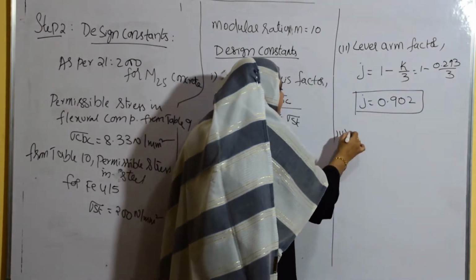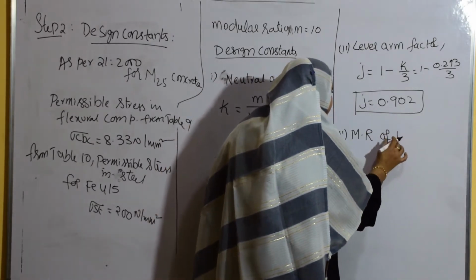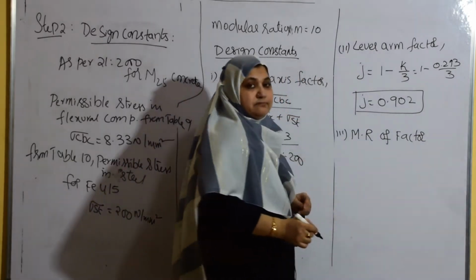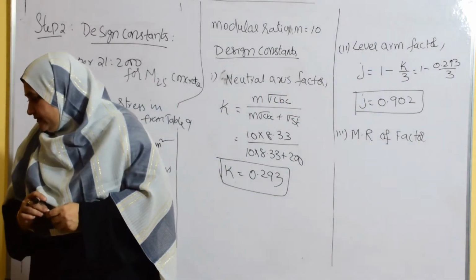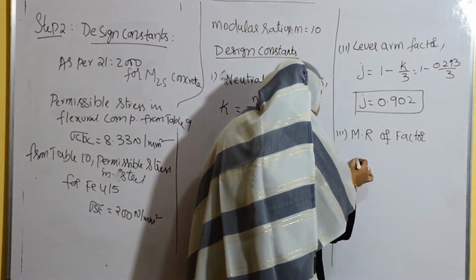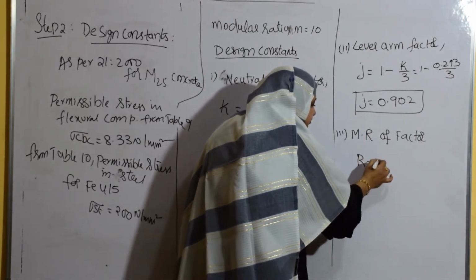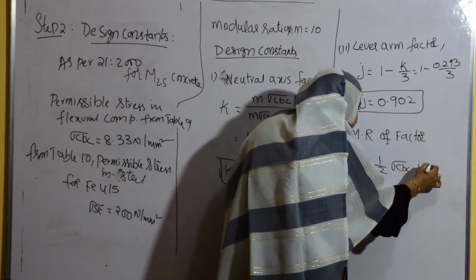Third is the moment of resistance factor. It is represented in some books by Q and in some books by the capital letter R. Whatever you feel, you can take, R or Q, it's up to you. The formula is half sigma CBC JK.